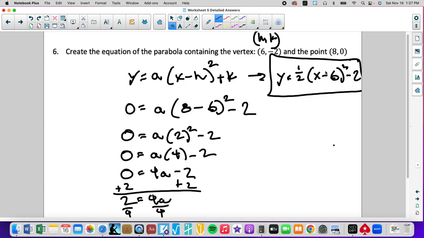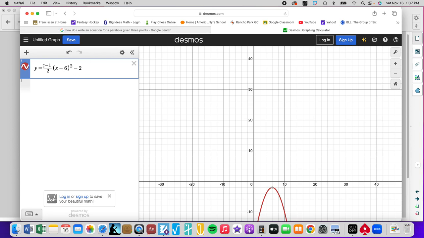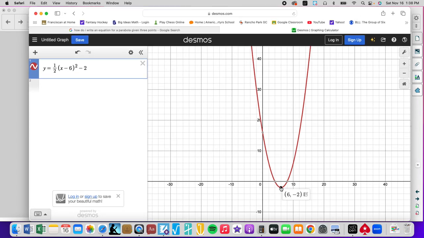Let's check it out and make sure. Let's take the negative out of there. Boom. Okay, there's my vertex, that is correct. And then we said 8, 0. Oh, yeah.